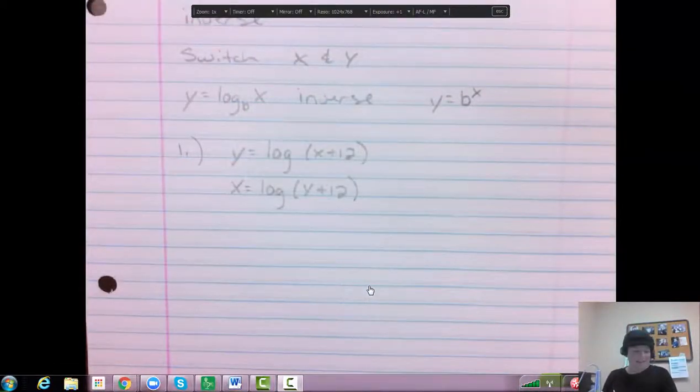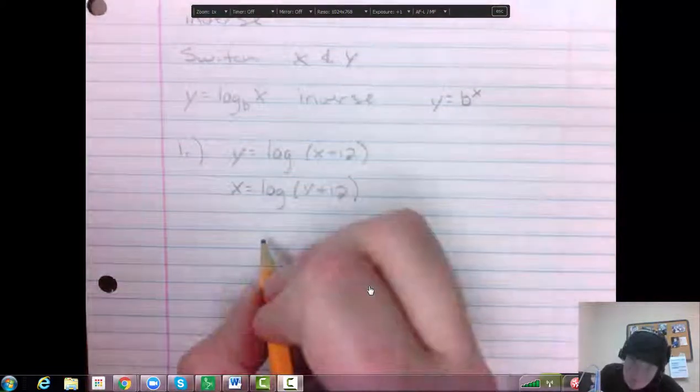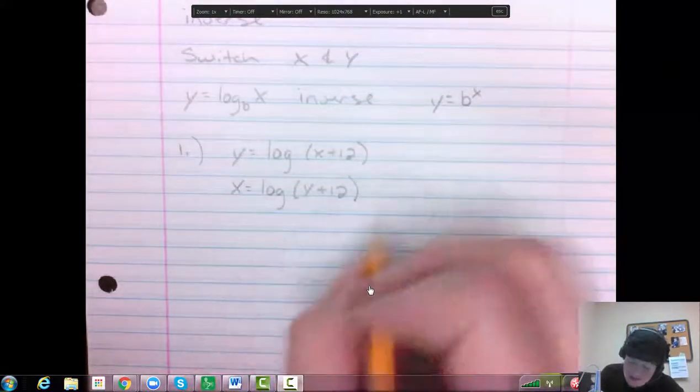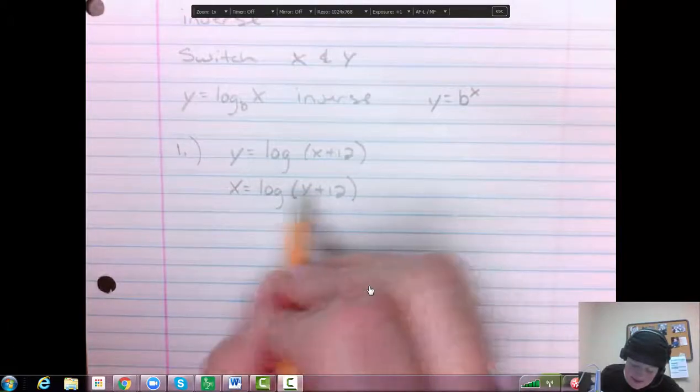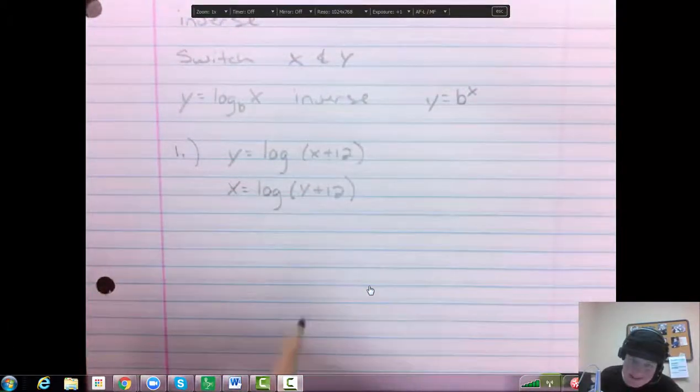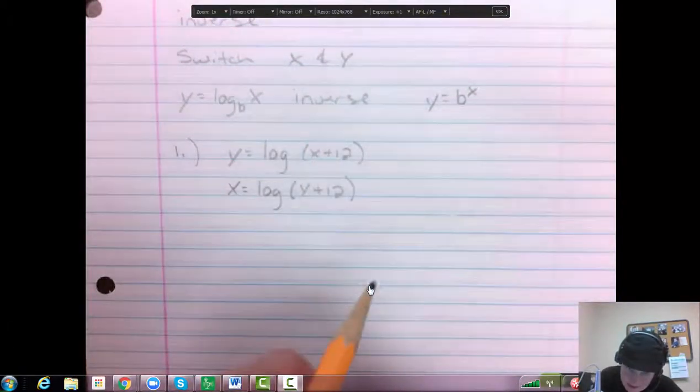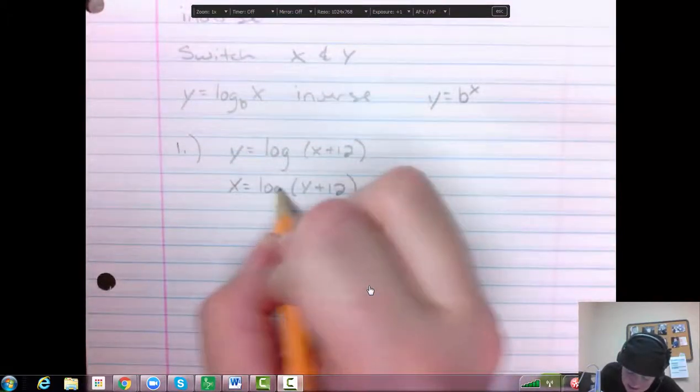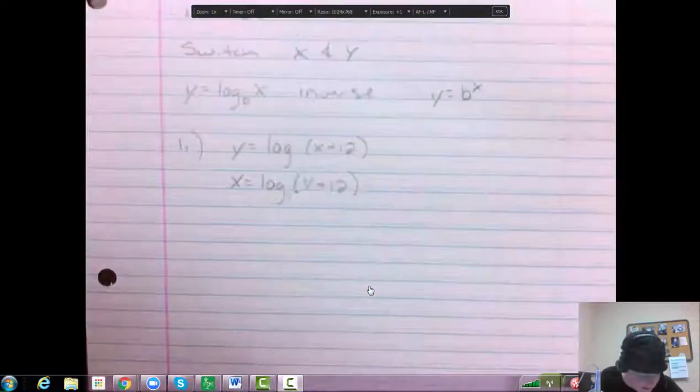And now we have to solve for that new y. Not quite as easy as it looks, but I would convert this now to exponent form, because we really can't solve it looking at it this way. So remember, if I don't have a base, it's a 10. So we have an imaginary 10 there.